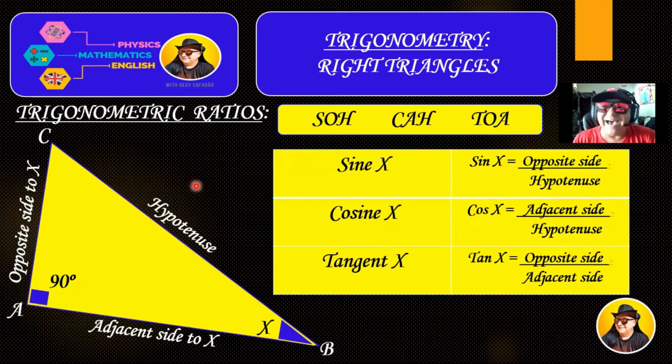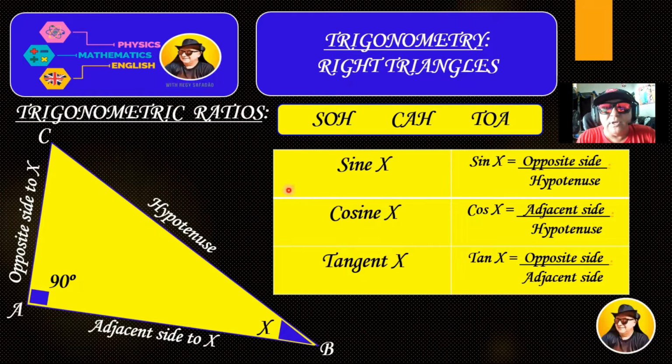So sine of x is always the opposite side to x divided by the hypotenuse. Cosine of x is always the adjacent side to x divided by the hypotenuse, and tangent of x is always the opposite side to x divided by the adjacent side to x.